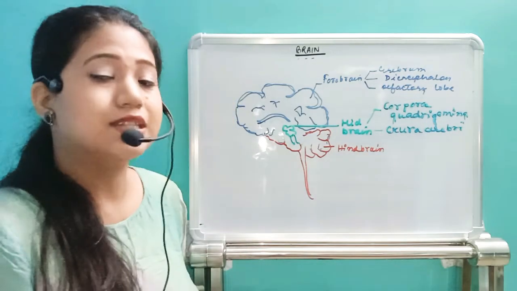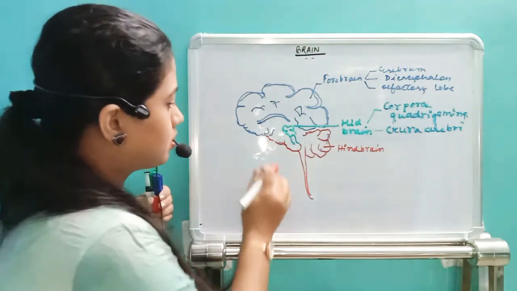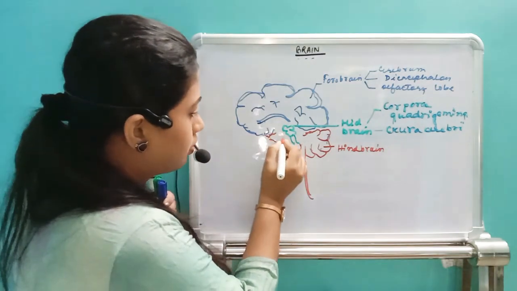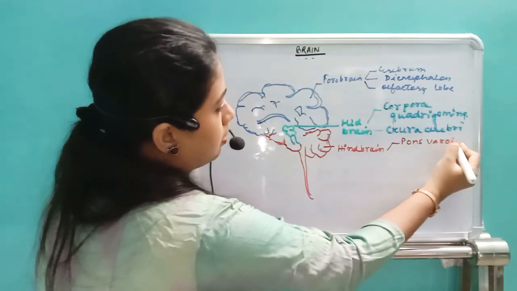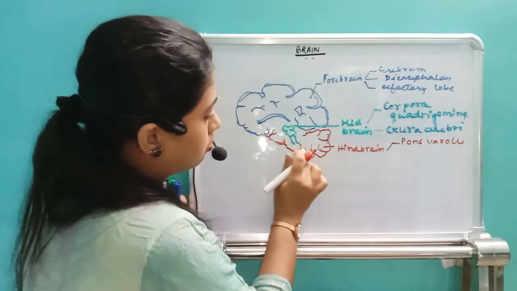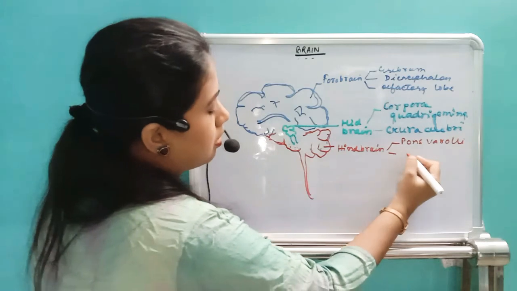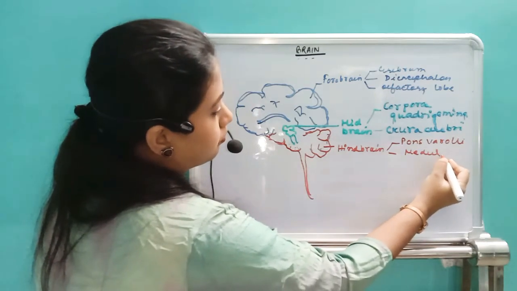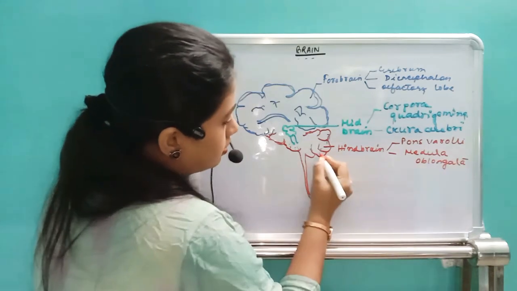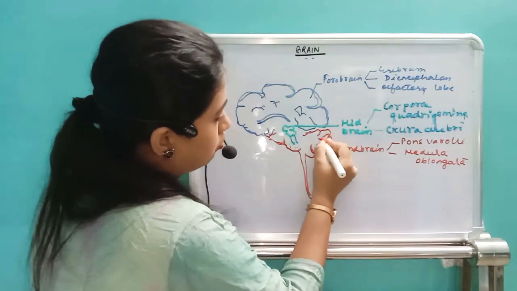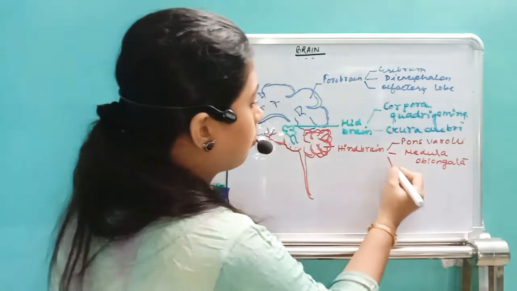Now the last part is the hind brain. In the hind brain we have three parts. What are they? First of all, this part will be the pons veruli. Next one, this part will be medulla oblongata, and the last part, here also like the cerebrum, it is going to have convolutions in it.